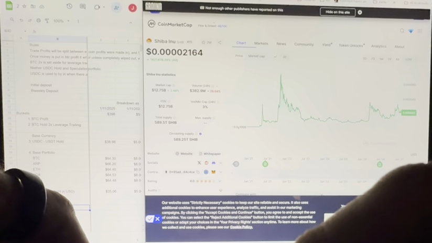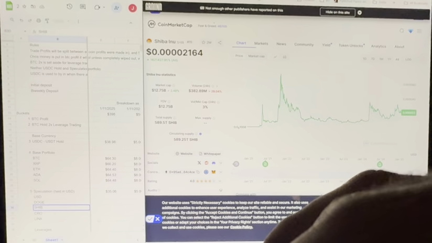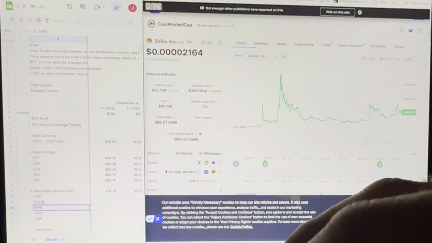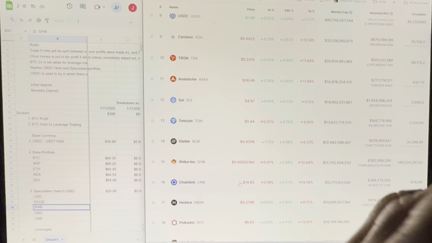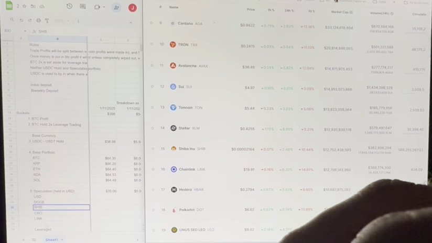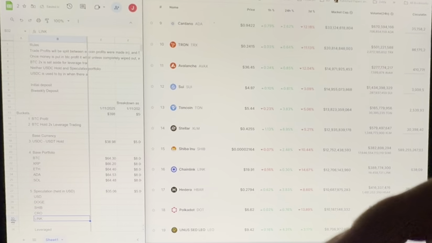Let's buy some sheep. So we're going to do sheep. And let's find us one more, because we're going to do, let's do HBAR. I'll come over here.